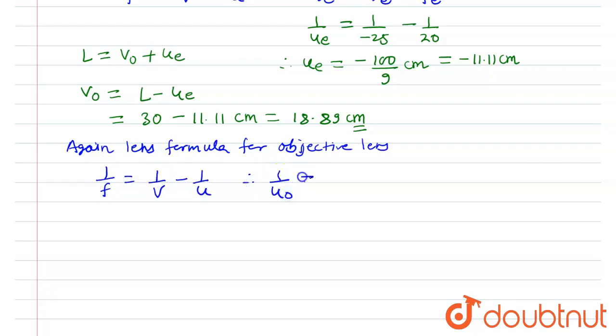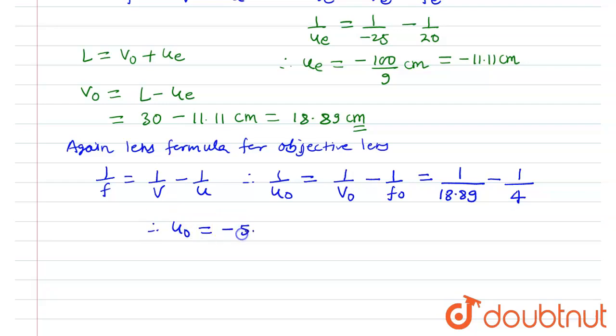Therefore 1 upon Uo equals 1 upon Vo minus 1 upon Fo, and 1 upon Vo is 1 upon 18.89 minus 1 upon Fo. Fo is 4 centimeter. So from here Uo can be written as minus 5.07 centimeter. After calculation we will get this value.